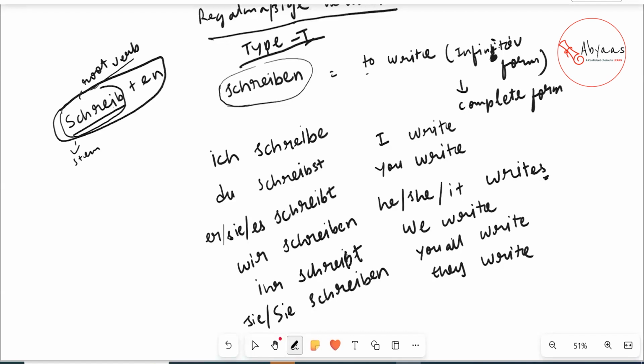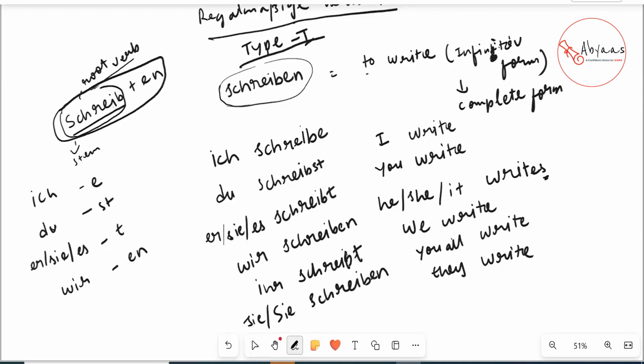But with ich, I added the ending e. With du, st. With er, sie, es, t. With wir, en.